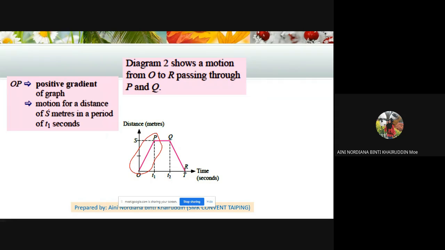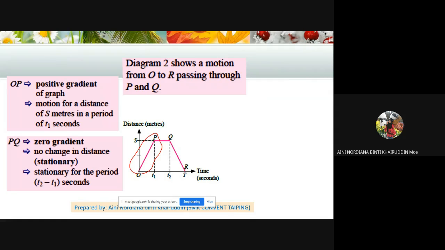S meter, T1 second. Masa dia T1, distance dia S. Lepas tu at P to Q, macam ni, so ni berhentilah. Stationary, zero gradient. Between T1 to T2. Kalau nak cari berapa lama dia berhenti, T2 minus T1.